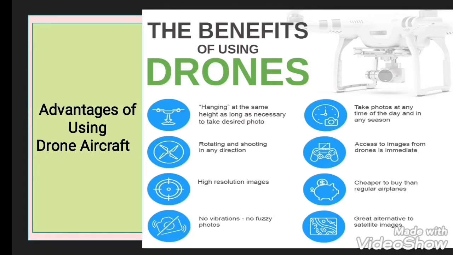High resolution image: you are taking photos from a very high height, above the surface, so the resolution of the image will not be distorted. No vibration and no fuzzy photo. There will be no vibration and the photo will be very clear whenever you are using the drone.